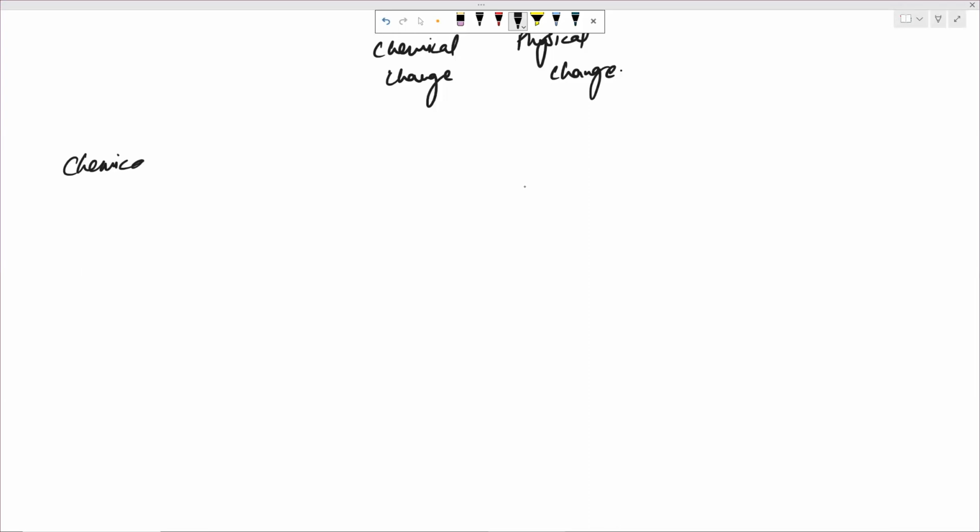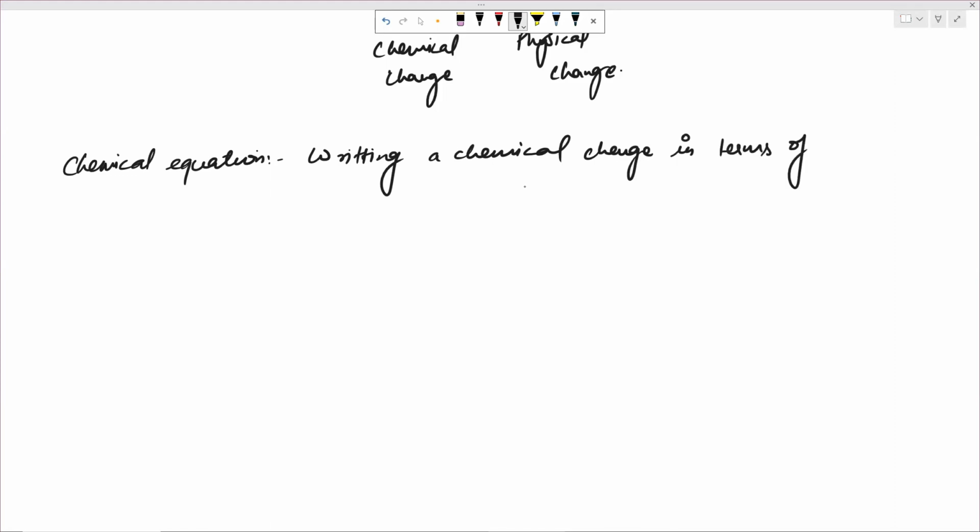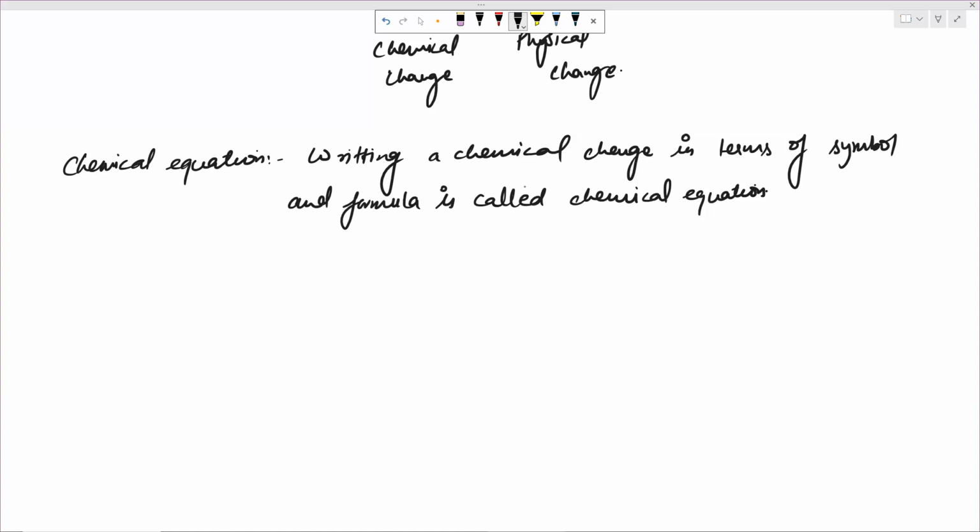We can simply say that writing a chemical change in terms of symbols and formula is called chemical equation. Okay, you understood? Please note down the definition.